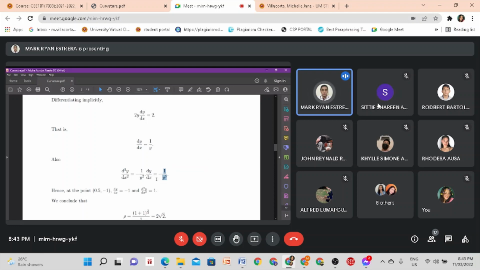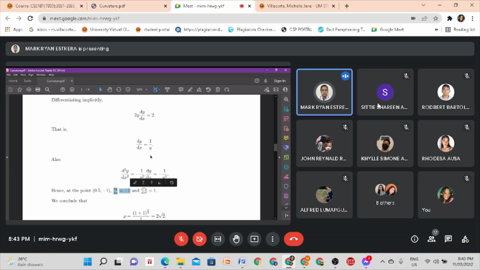So see to it that you do not interchange your values. That dy over dx is equivalent to -1 after substituting. Check: you have this 1 divided by -1, and so it will give you -1. This will be helpful later on.